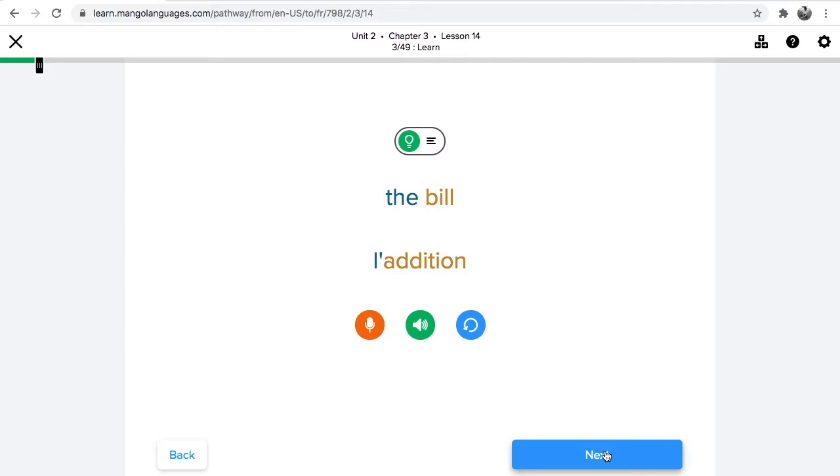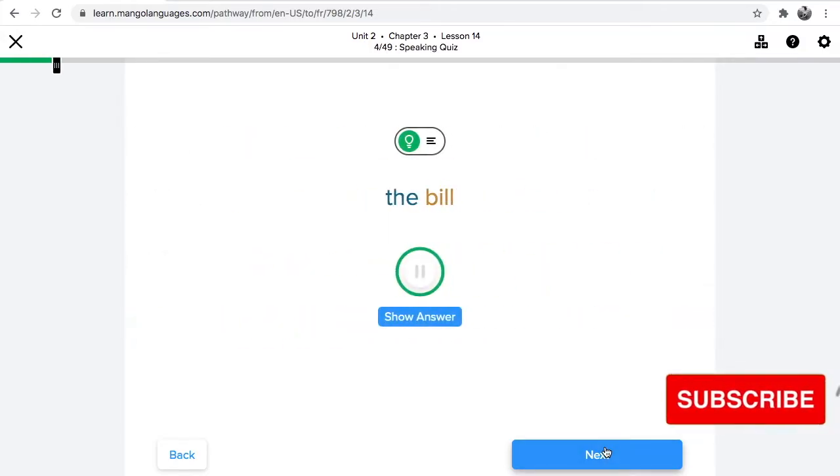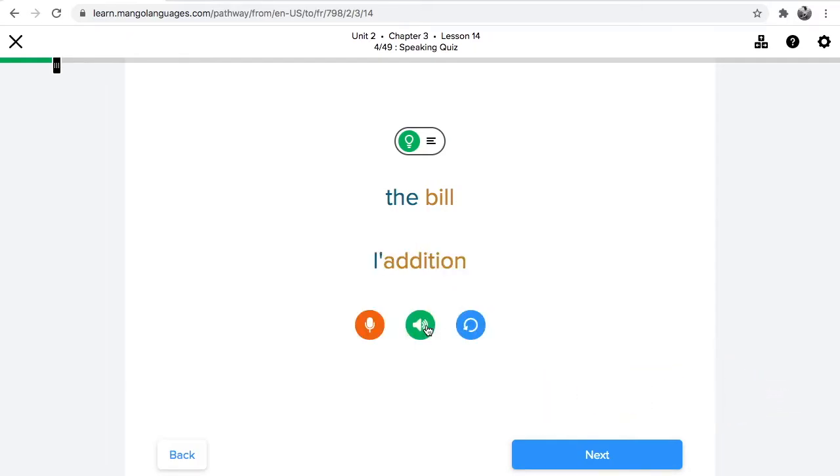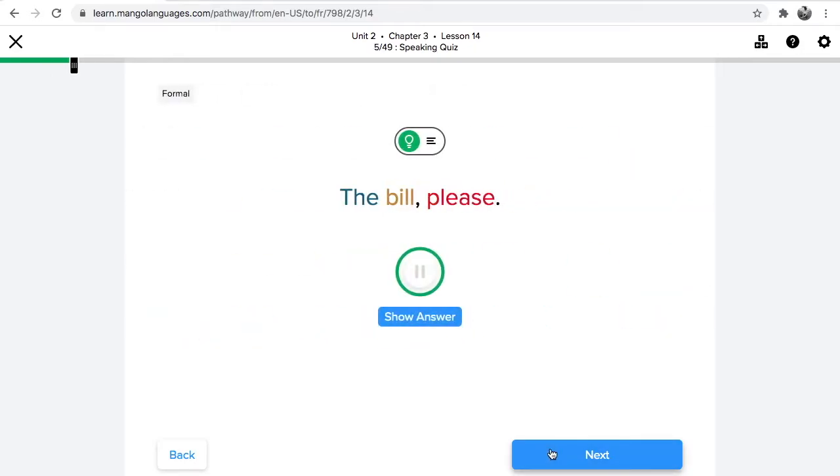And Mango goes as far as breaking it down even further for you just to make sure that you know that the bill is l'addition. Now try and say, the bill. L'addition. It's really awesome because it really is based on repetition just to make sure that you're actually learning the material.